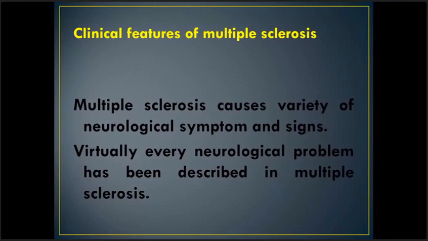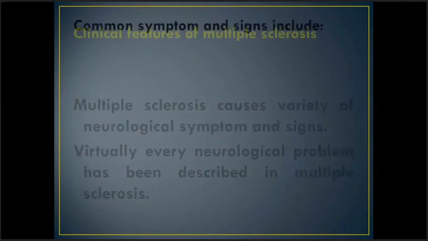Many neurological manifestations are unrelated to myelin, like movement disorder, but rarely, even manifestations unrelated to white matter may be found in patients with multiple sclerosis in one way or another. So any neurological manifestation can be found in patients with multiple sclerosis.